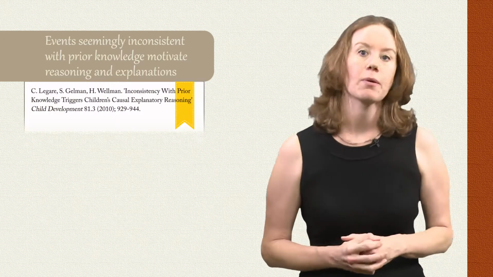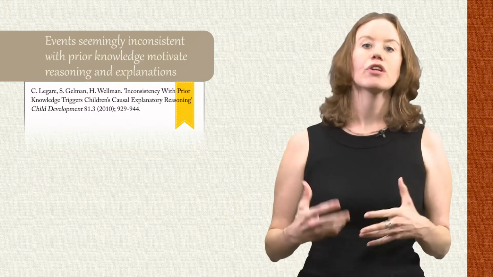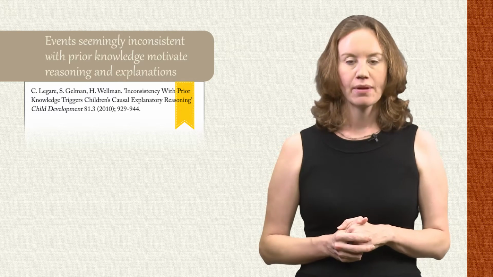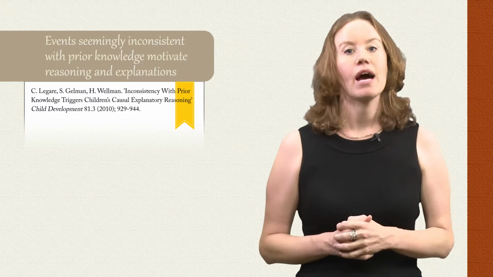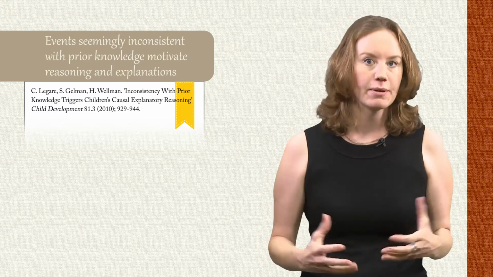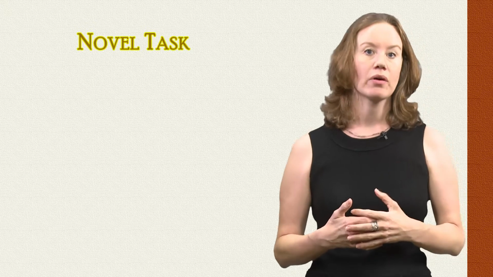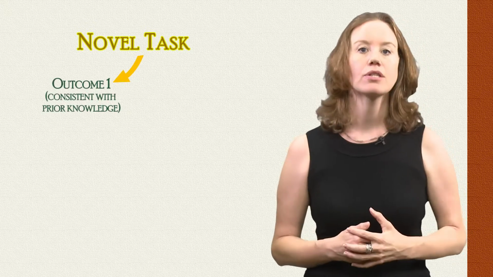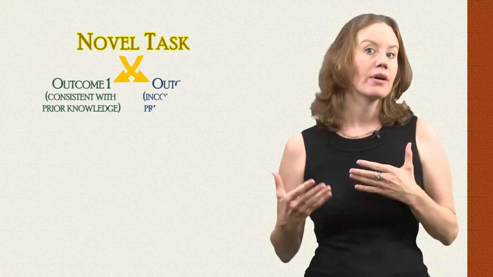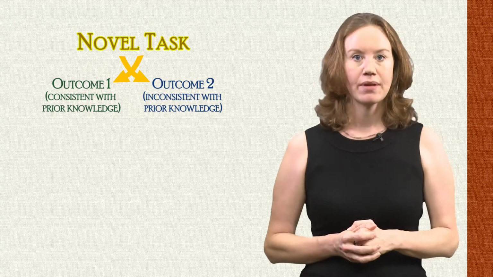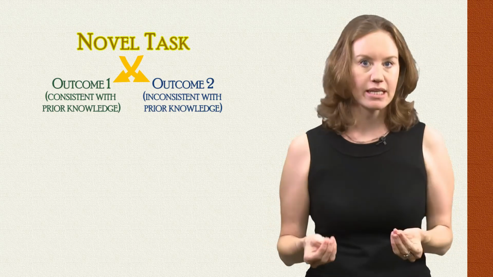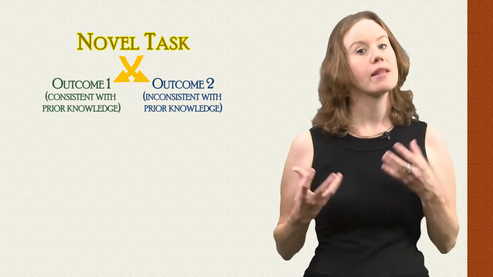So to do this experimentally, we control children's expectations and beliefs. So let me give you an example of how we've done this using novel stimuli, these light boxes. So to do this, what we've done is we present children with outcomes that are consistent with prior knowledge, as well as outcomes that are inconsistent with their prior knowledge. We present those outcomes simultaneously to children, and then we ask them why.